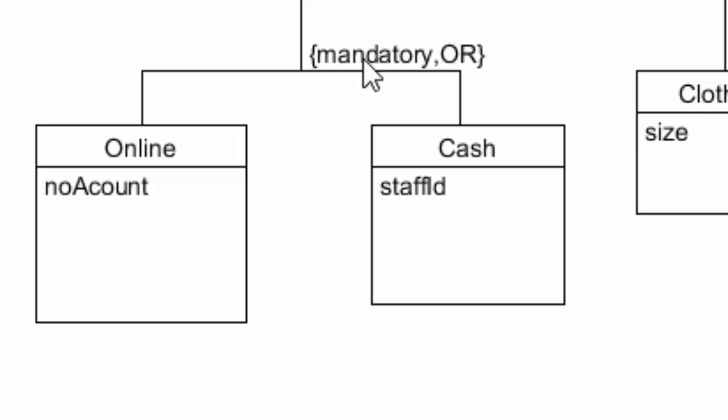Here we have mandatory or because payment need to pay online or cash only, and we put or because a customer need to pay online or cash.